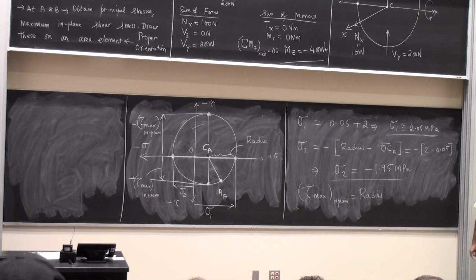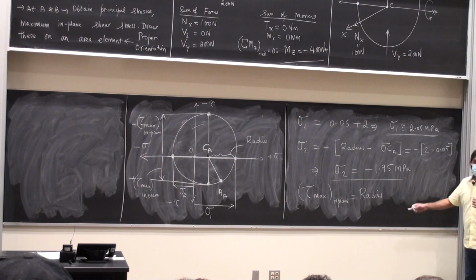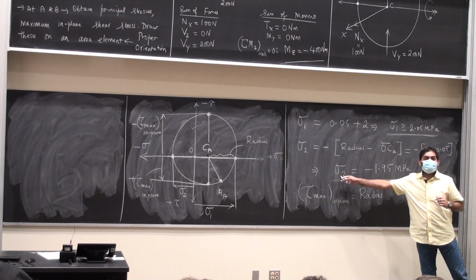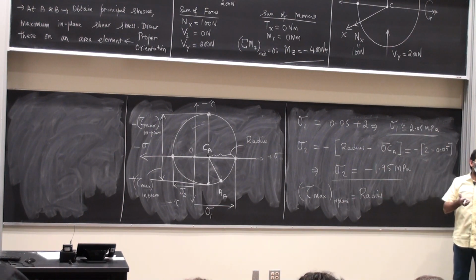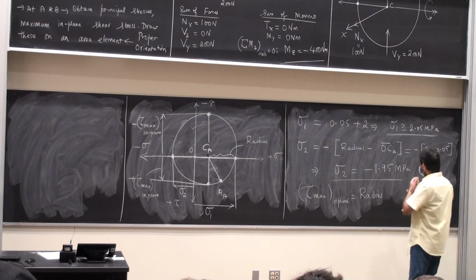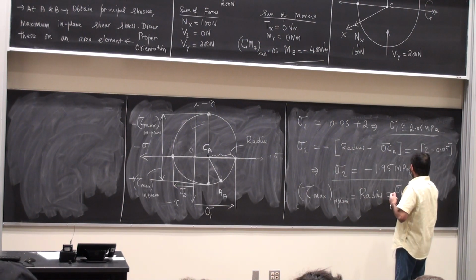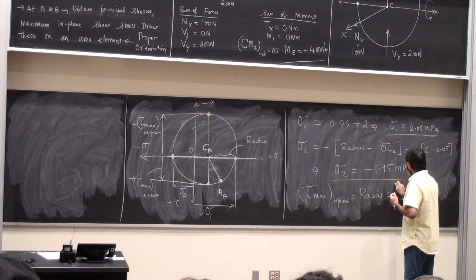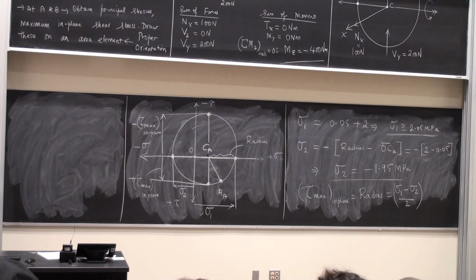Which coincidentally, look at this, is nothing but sigma 1 minus sigma 2 divided by 2. So this is the same as sigma 1 minus sigma 2 divided by 2, where sigma 2 is a signed quantity, minus 1.95.